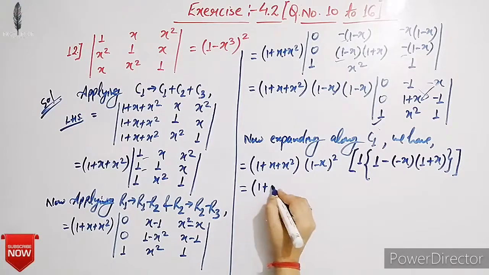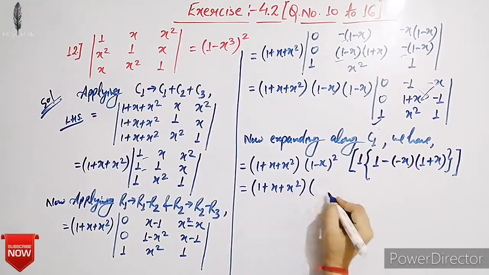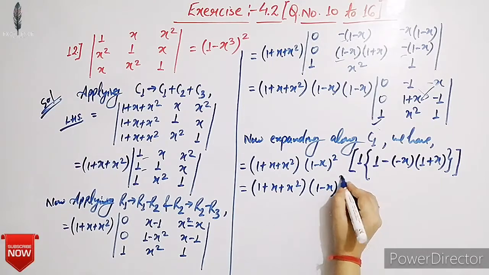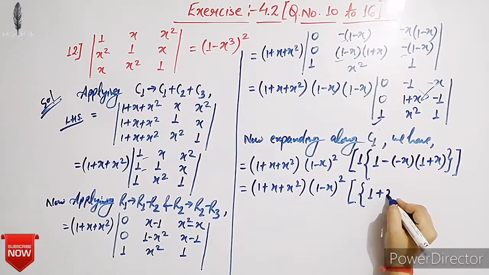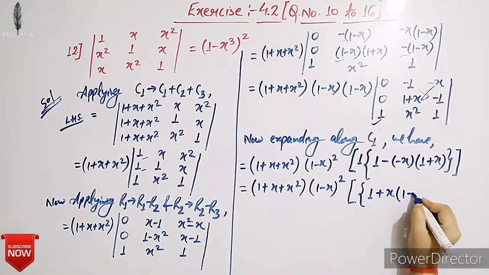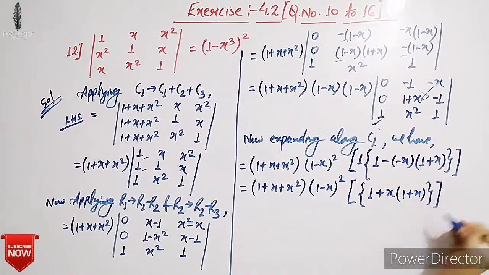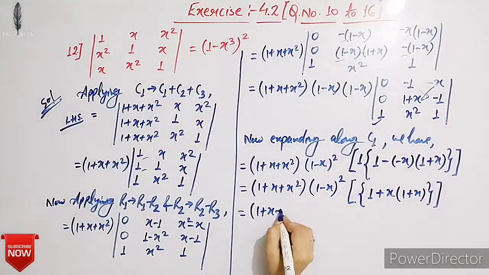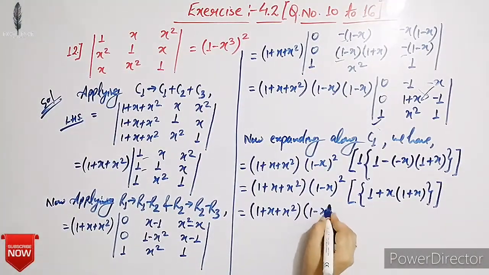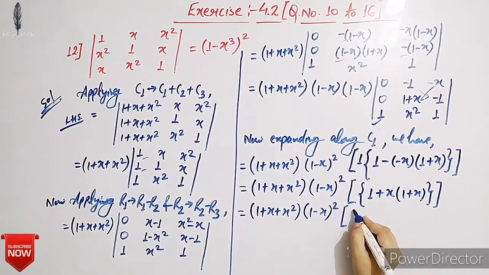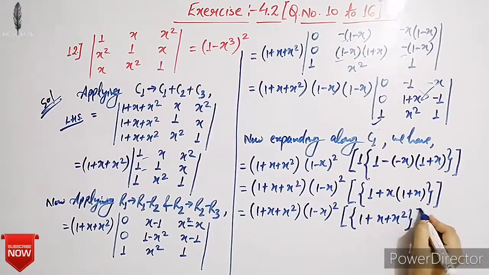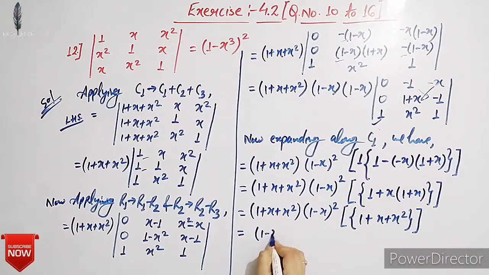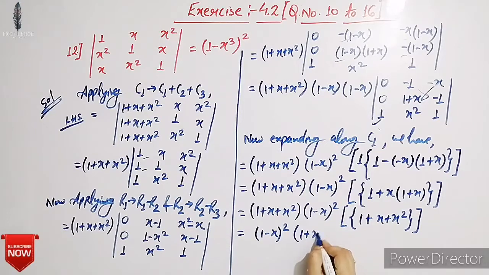On solving, we get 1 plus x square into 1 minus x whole square into 1 plus x into 1 plus x, that is equals to 1 plus x square into 1 minus x whole square into 1 plus x square, that is equals to 1 minus x whole square, 1 plus x square whole square.